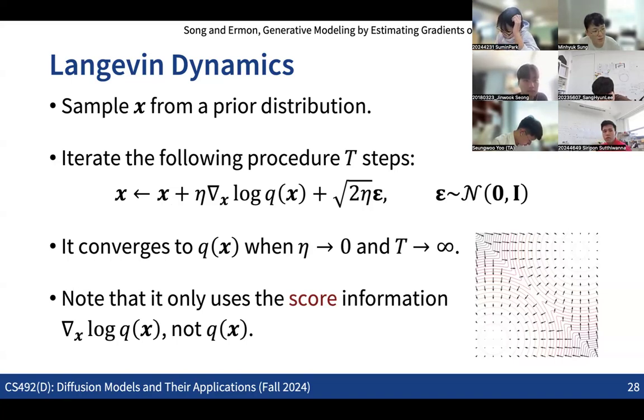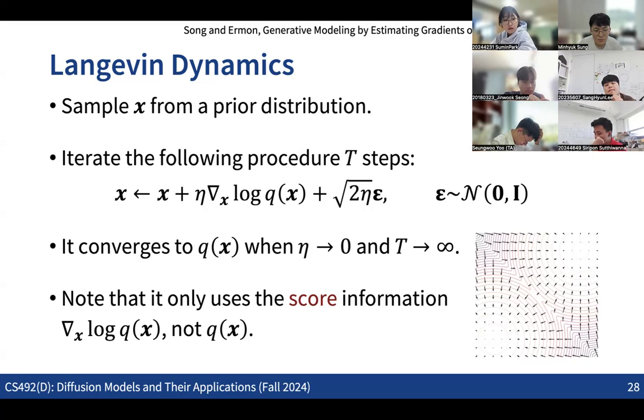What is guaranteed in this formulation is that when the weight of the score gets close to zero, and if we iterate this process for almost infinite time, the data points will converge to data points of the original data distribution. This is the procedure of Langevin dynamics. So this is a very interesting way to sample data points without having the information about the probability distribution, but only using the score function.